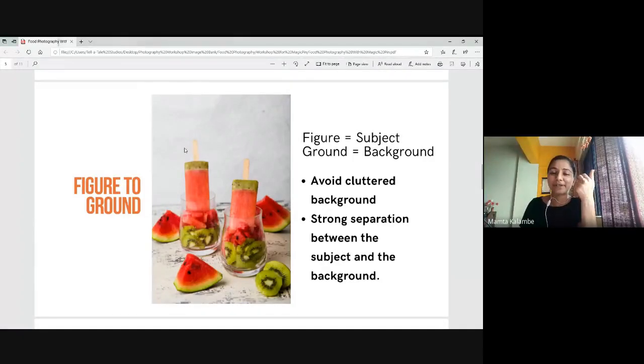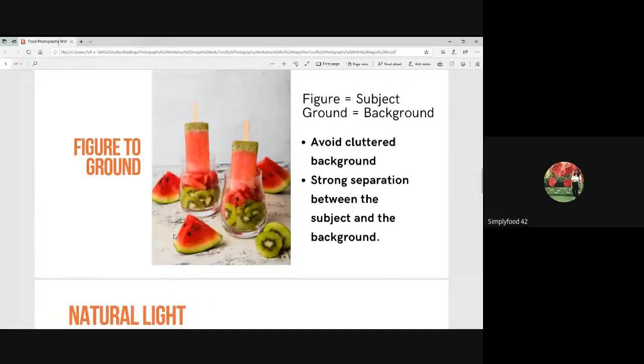With chart paper, it gets wet and messy very quickly, and it's difficult to keep for a long time. MDF boards are quite sturdy, but carrying them along is a bit of a task. So I just have one or two of them, which I use only for bigger shoots. Okay, awesome. Thank you.